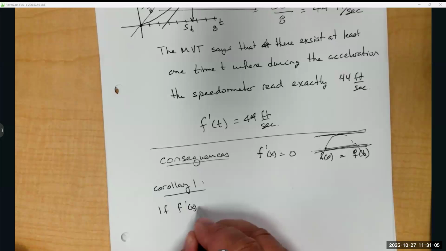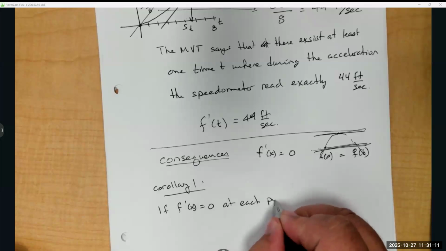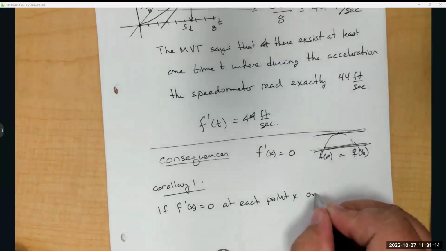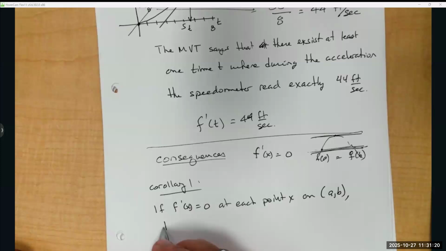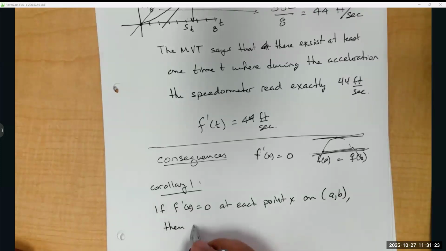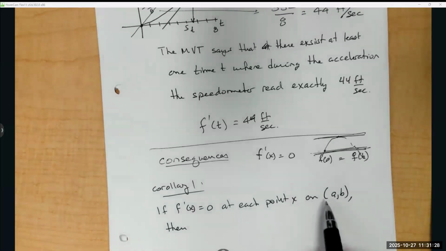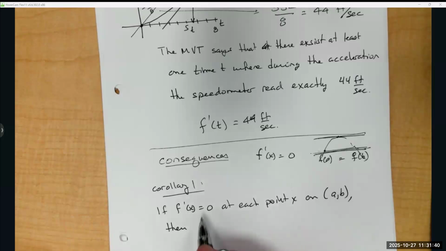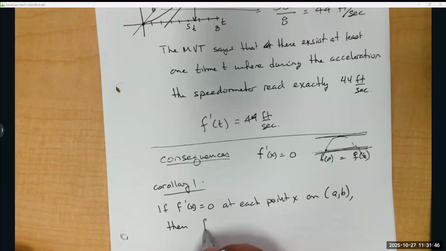So if the first derivative is equal to 0 at each point x on AB, then what has to be true? If the derivative is equal to 0 for every point inside the interval, what function has a 0 slope all the time? A horizontal line.